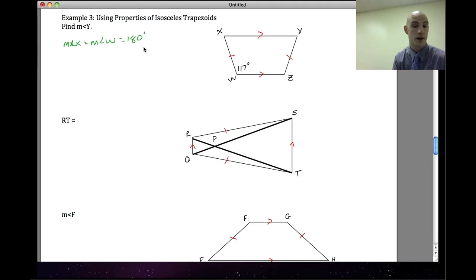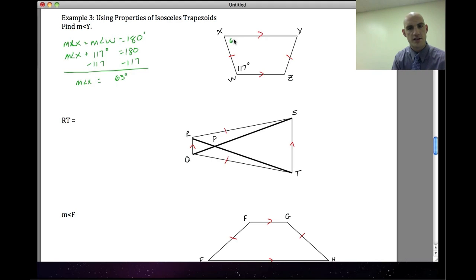Well, what we'll do is we'll substitute, because the measure of angle X we don't know, but we have 117 here. And so when we solve for this, we end up with something that will give us the measure of actually two angles that we want. Let's do a redo on that. Okay, so the measure of angle X is equal to, and this is going to be 63 degrees.